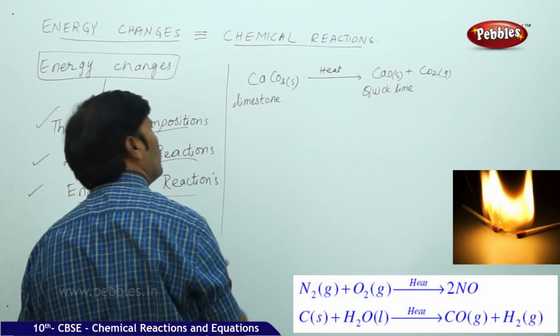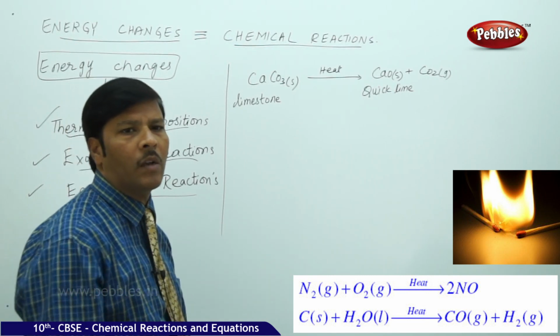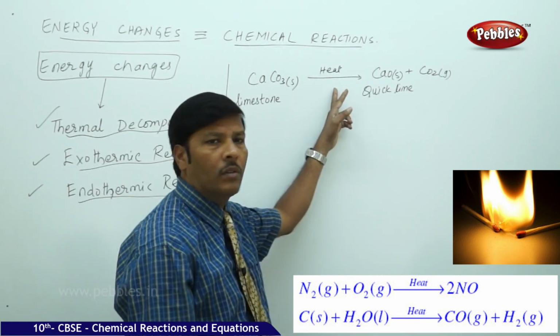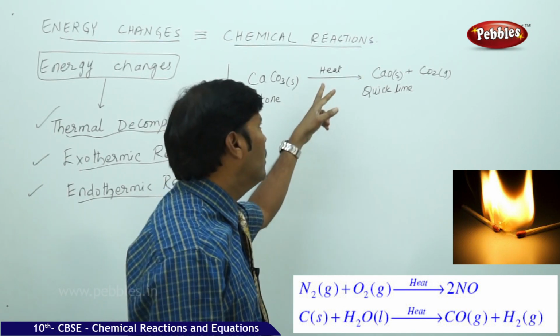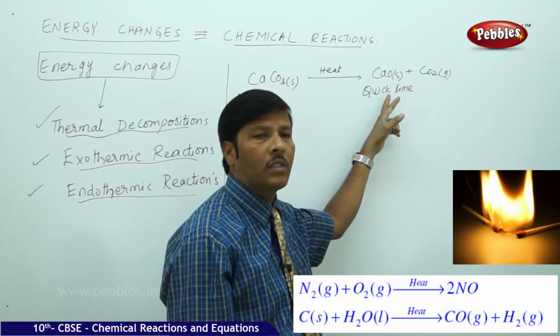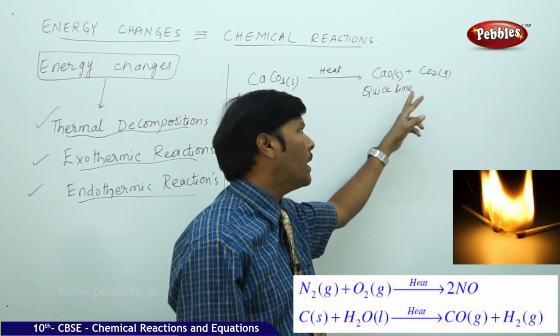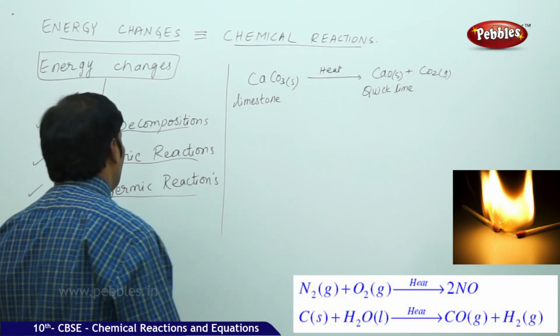So that means you are supplying heat here. The limestone in the form of calcium carbonate is getting decomposed into 2 products. One product is calcium oxide, otherwise called quicklime, and also carbon dioxide gas is evolved. This is one type of thermal decomposition.